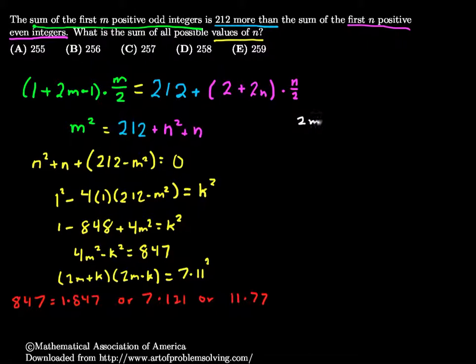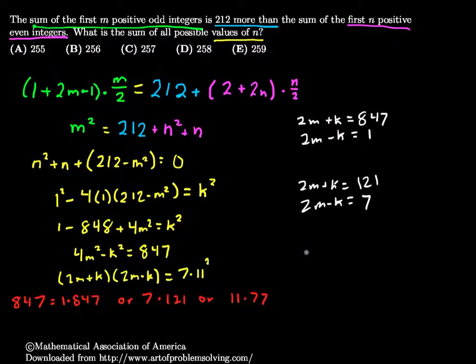I'll make a positive k, so 2m plus k is the bigger value, equals 847, and 2m minus k is equal to 1, or I have 2m plus k is equal to 121, and 2m minus k is equal to 7, or the final one, 2m plus k is equal to 77, and 2m minus k is equal to 11.